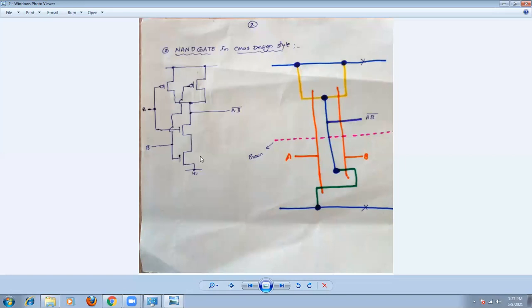That means we can implement the N diffusion layer in the form of S, or the opposite of S, or reverse of S, no problem. So this is in the form of S. Therefore I am using this method here. So we can follow like this.